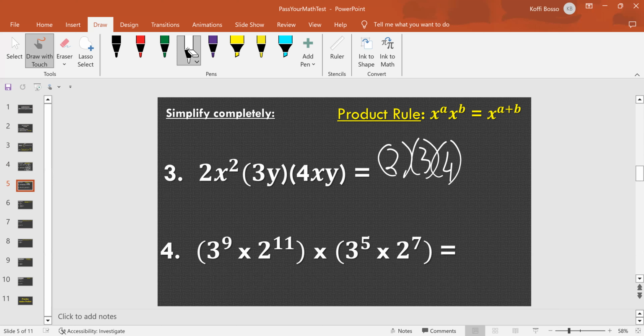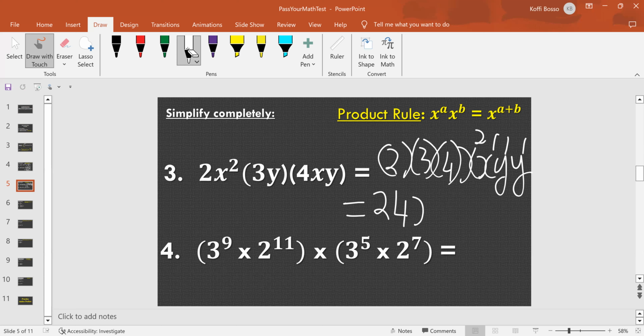And now multiply x squared by the other x, but the other x has a power which is 1. Now we multiply y by y, but each y has 1 as a power. So based on the product rule, we will have 2 times 3, which is 6. 6 times 4, which is 24.